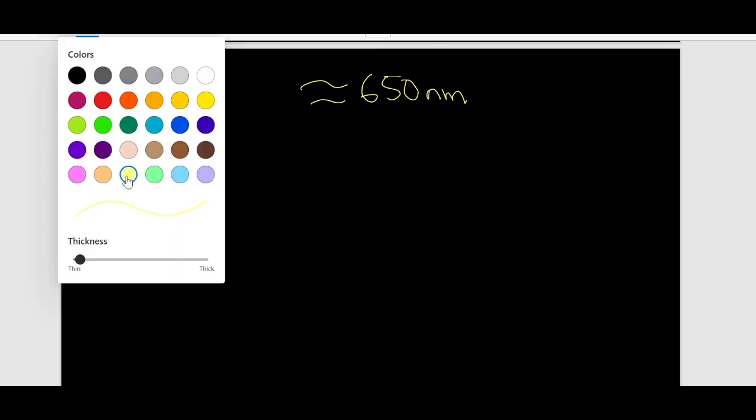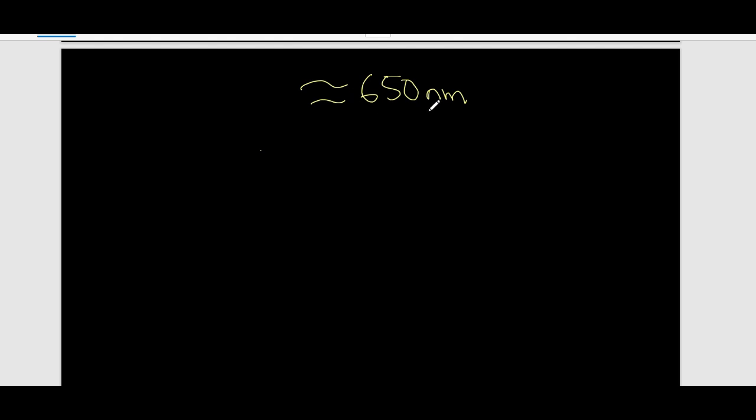If the machine doesn't go to exactly 650, just set it close to 650. It depends on the machine. Sometimes the machine doesn't increase by 10, so set whatever you can close to 650.